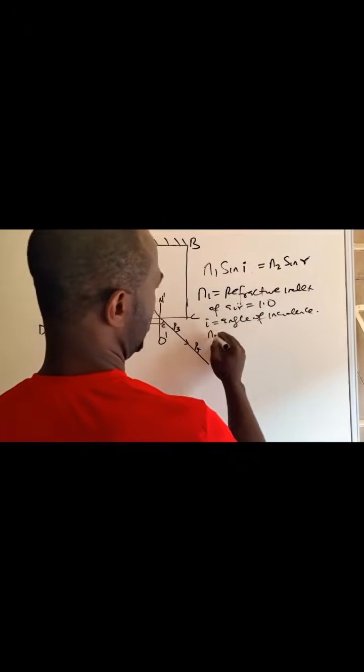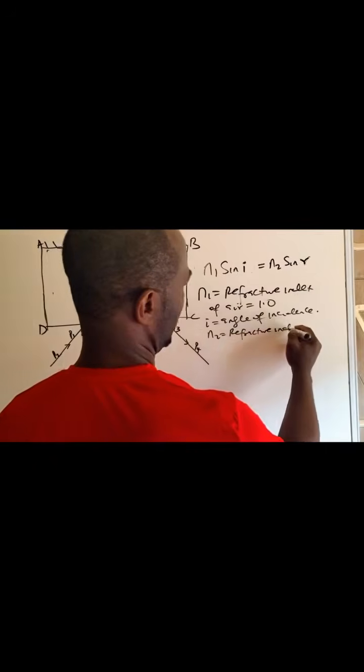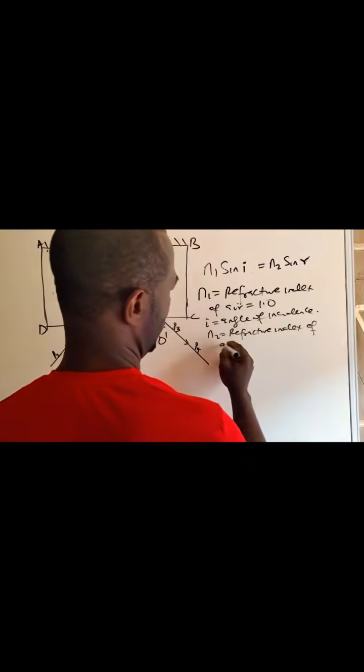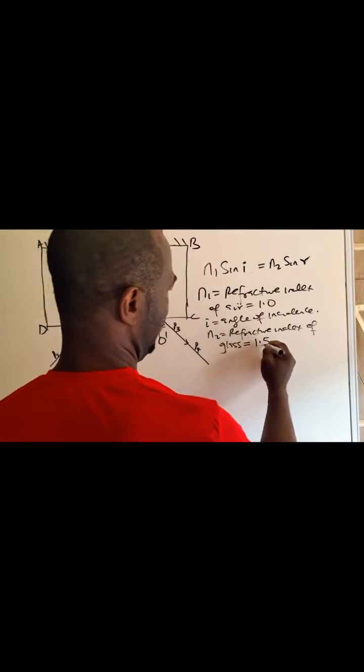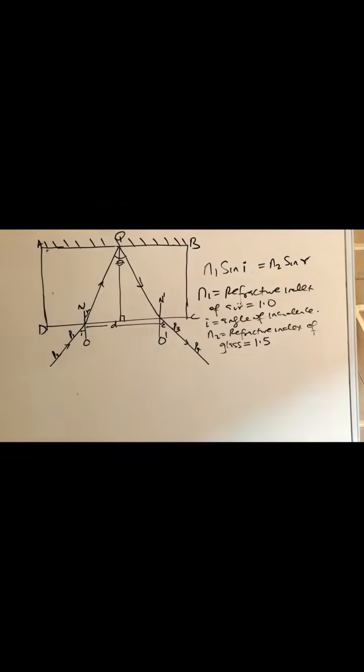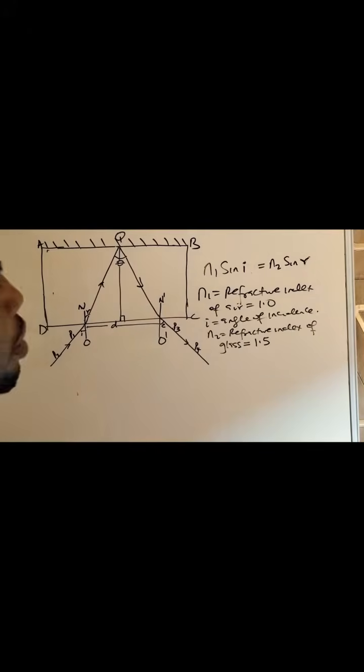Then n2 is the refractive index of glass. For a glass block, we take approximately 1.5. You can still use 1.51, 1.52, 1.53, but don't exceed 1.6. More than 1.6 could be critical. So we'll have 1.5 for this glass.